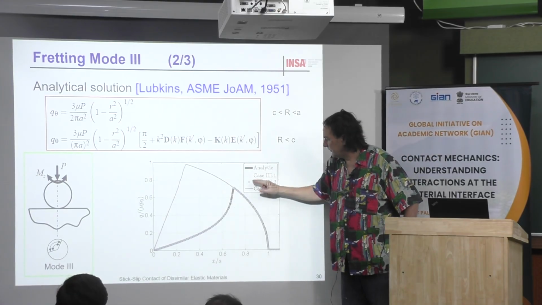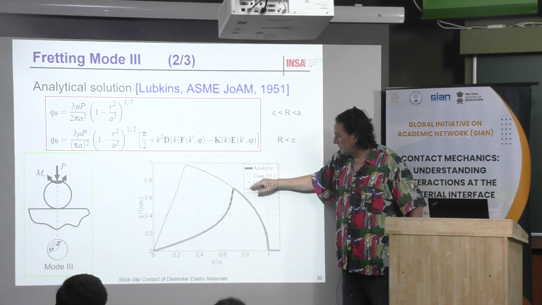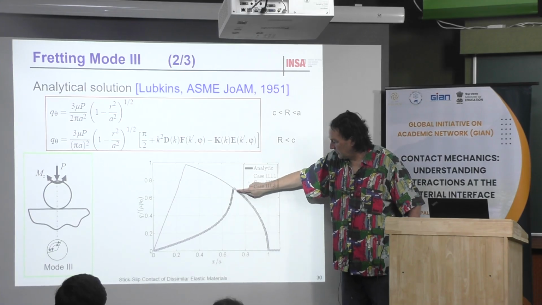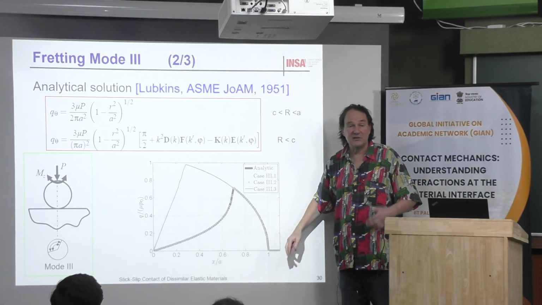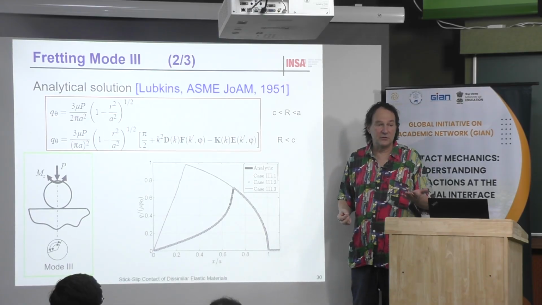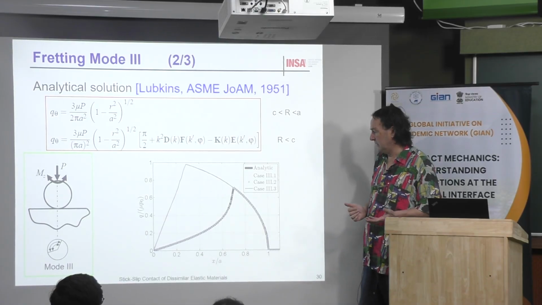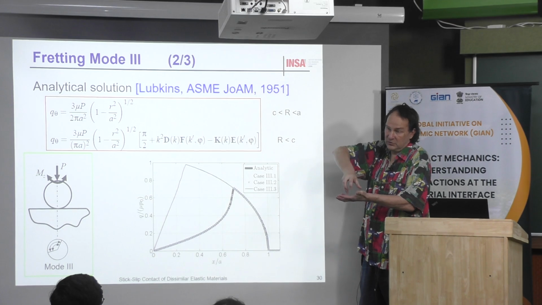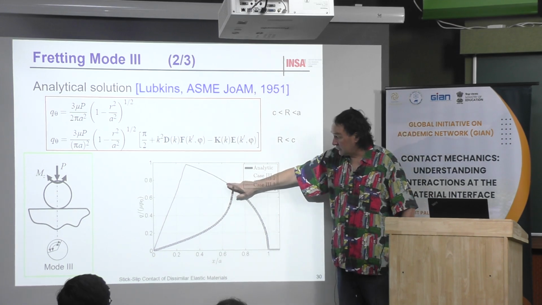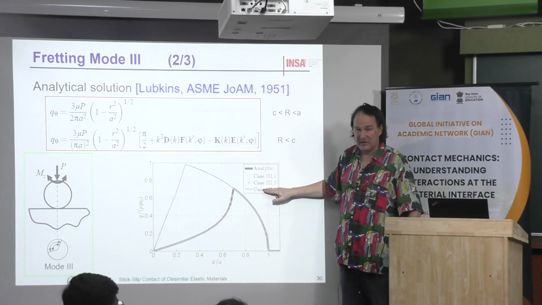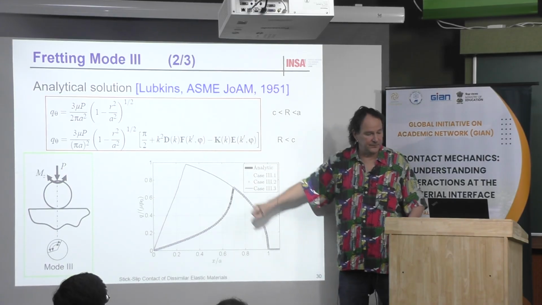And with the cross and the circle, you have the numerical solution with a very good agreement. In fact, there is no difference if you consider coupling or not. As I said before, there is no coupling here because the points are moving almost together. And here, this is the solution when you have elastically dissimilar metals, which is very, very different.